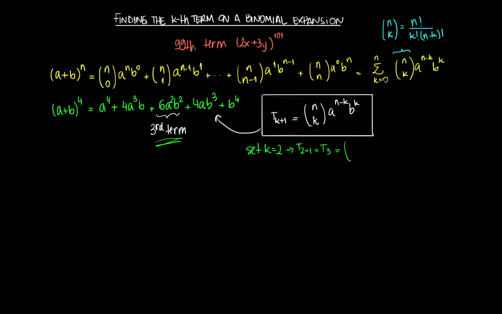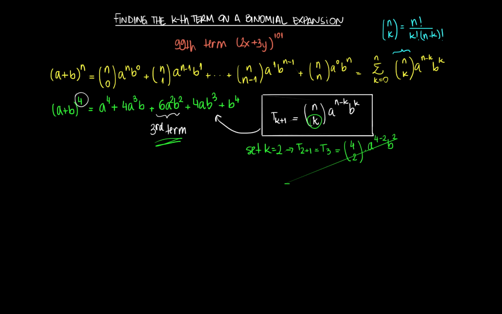And what is n? n is this number over here, the power of the binomial, which is 4. So 4 choose 2. We're going to use 2 since the k here is actually equal to 2, times a to the power of 4 minus 2 and b to the power of 2.